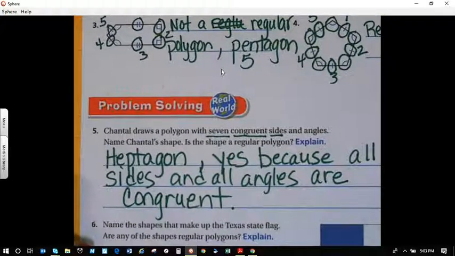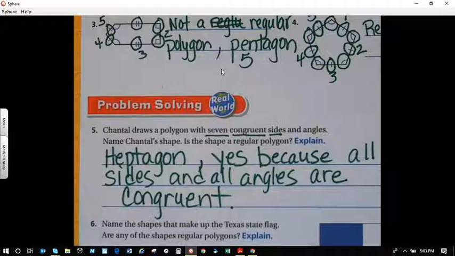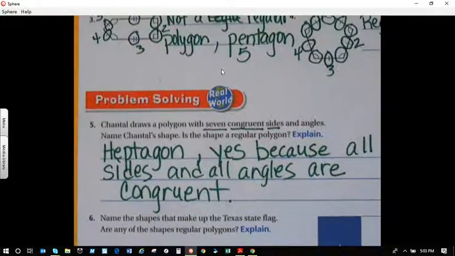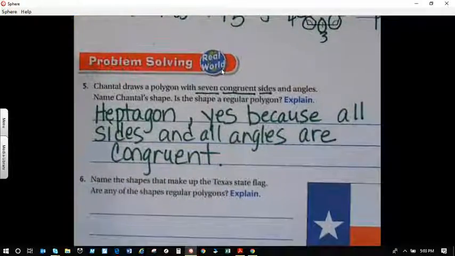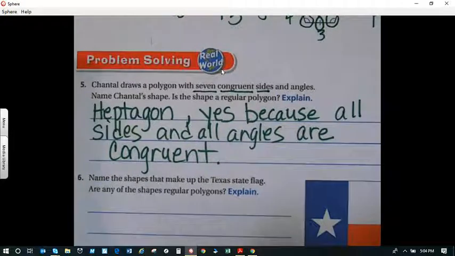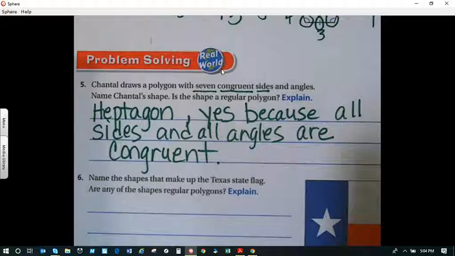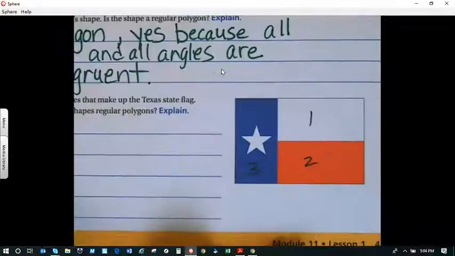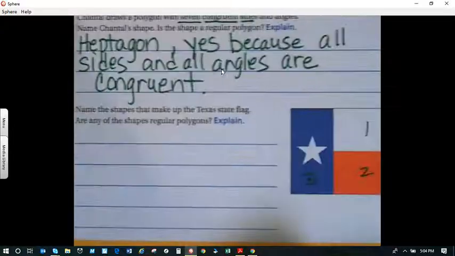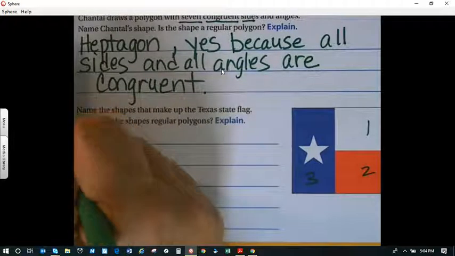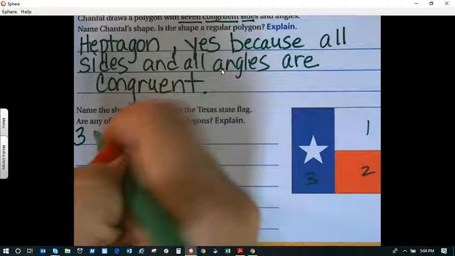Name the shapes that make up the Texas flag. And are there any shapes that are regular polygons? So I'm going to look inside my Texas flag, and I see 1, 2, 3 rectangles. And this is what I did, I numbered those. Those rectangles are quadrilaterals.